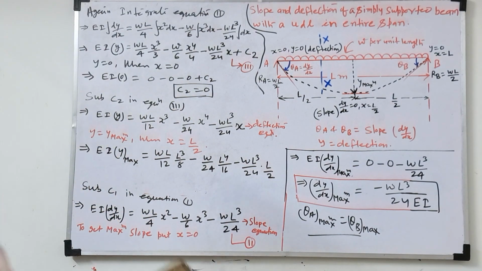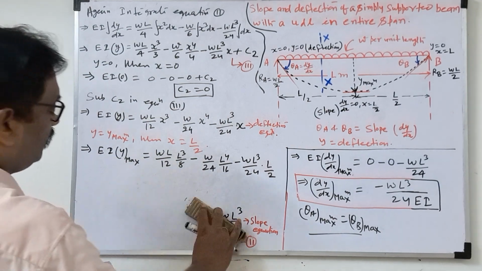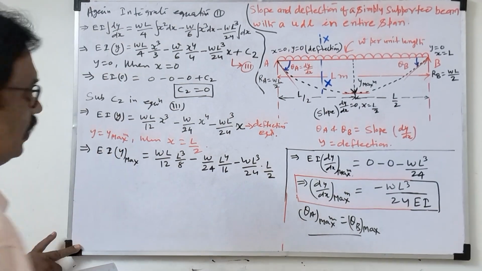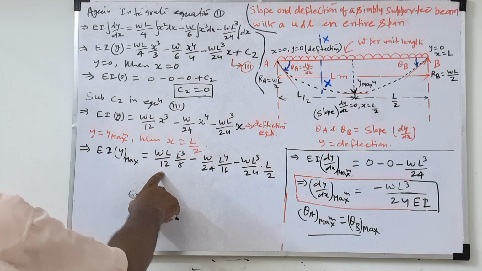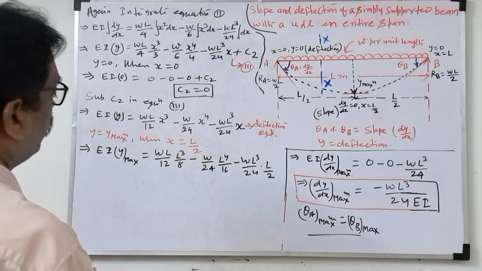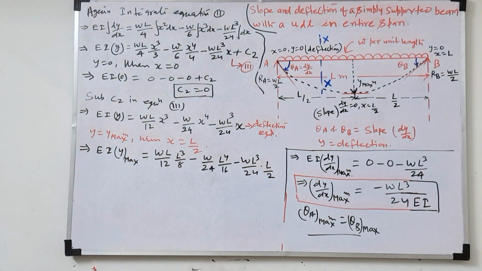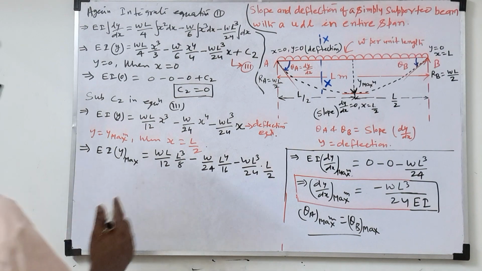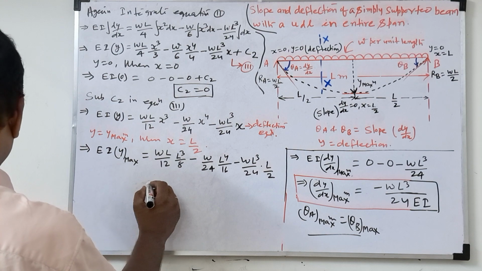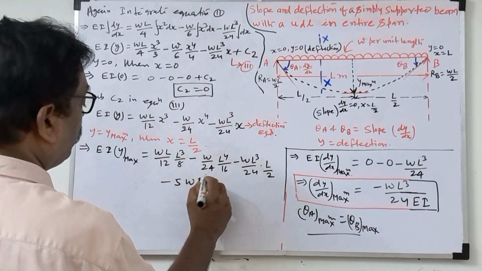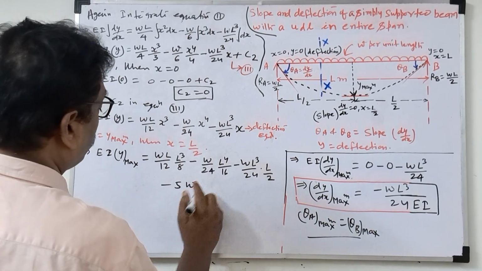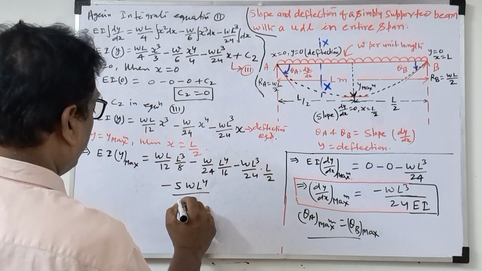Now this equation we will solve, then we'll get the final result. Everywhere we substituted the value. Check it once, because here it is WL by 12, L cube by 8, WL power 4 by 24, 16, WL cube by 24, L by 2. If you solve this, how much do you get? Minus 5WL power 4 divided by 384.